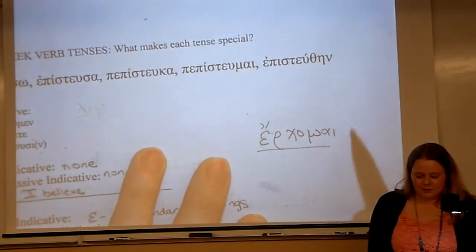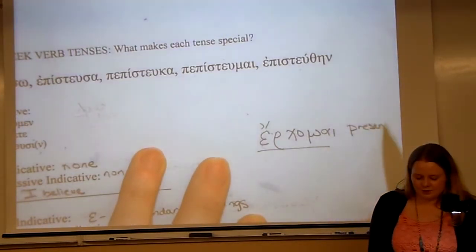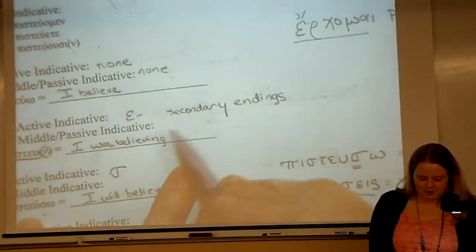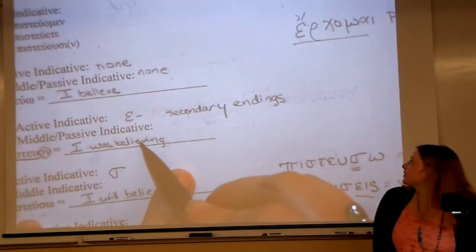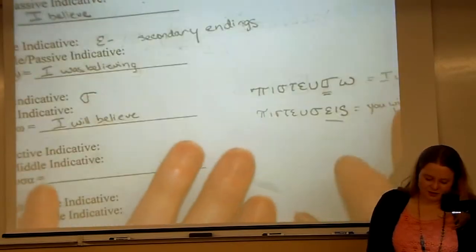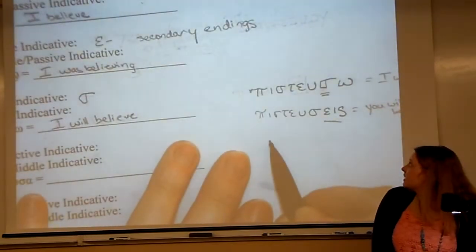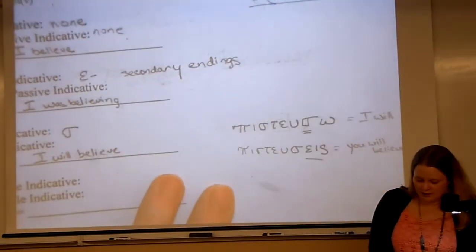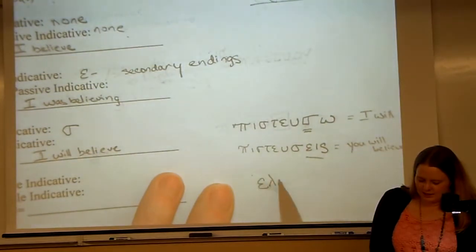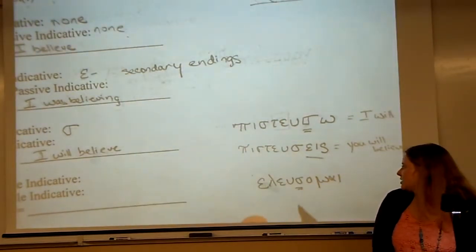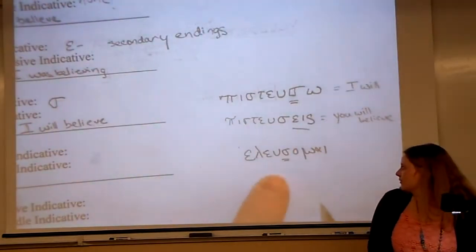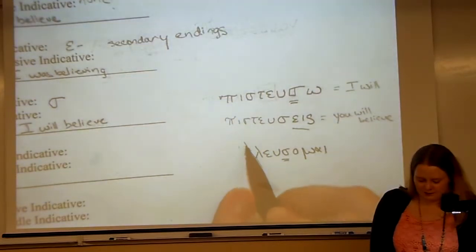This is it in its present tense form. The imperfect would also be built off of that. In its future form, though, that same verb, erchomai, looks like this. Eleusomai. I think it's only got a middle form, just like it only has a middle form up there as well. Eleusomai.